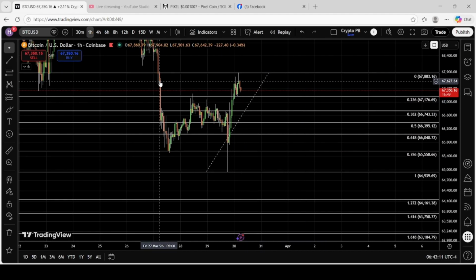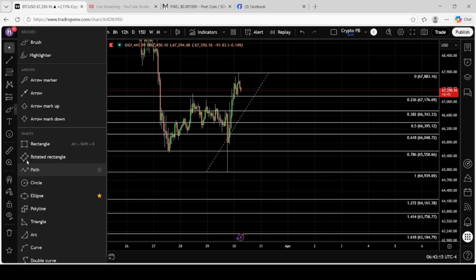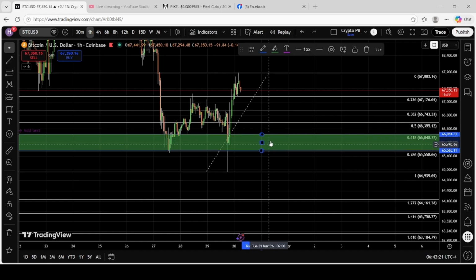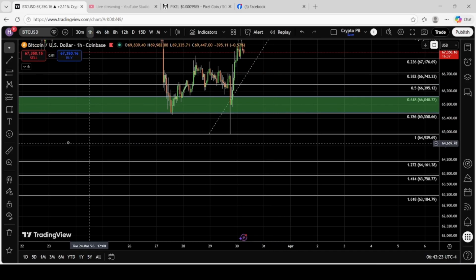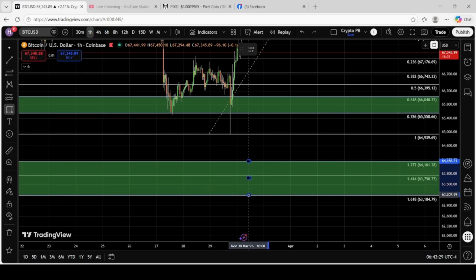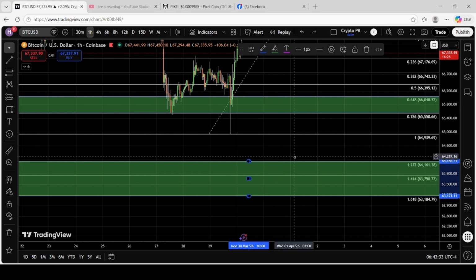So we came up here. Now I want to look for pullbacks. So if these break, I'm looking at 618 right here for support. And if that doesn't hold, then we're coming down here. If that breaks, most likely we're coming down here between 64,000, 63,000.